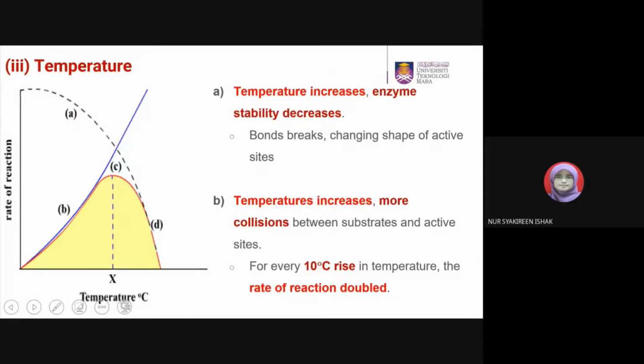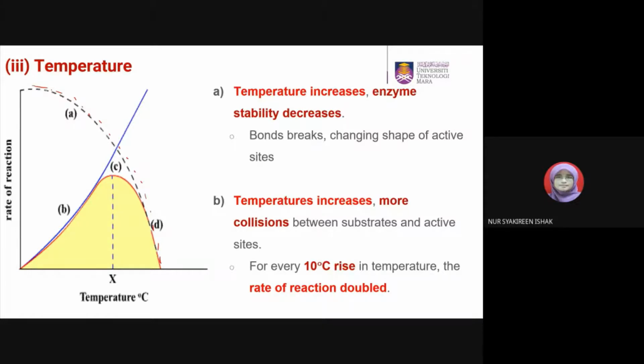Okay, so the third factor is temperature. Here you have 4 points: point A, B, C and D. Let's look at point A first, the dotted graph here. It says here, as temperature increases, enzyme stability decreases.